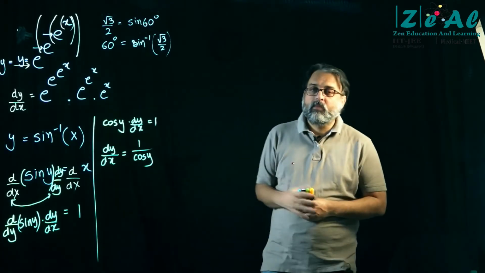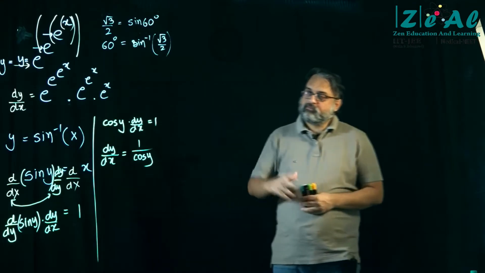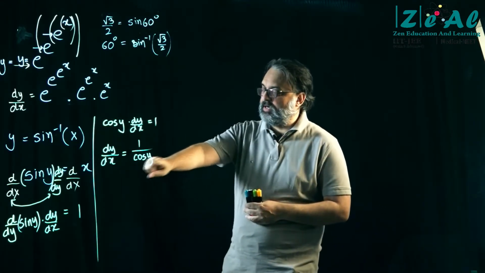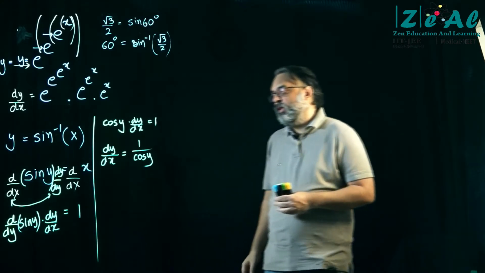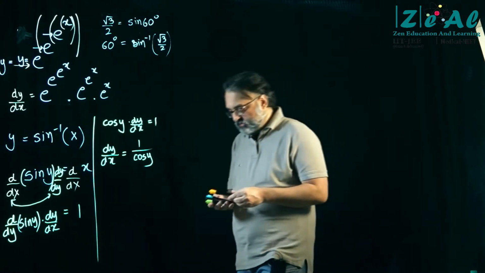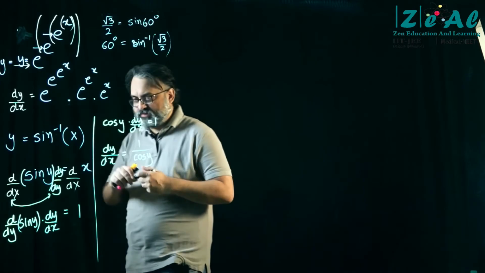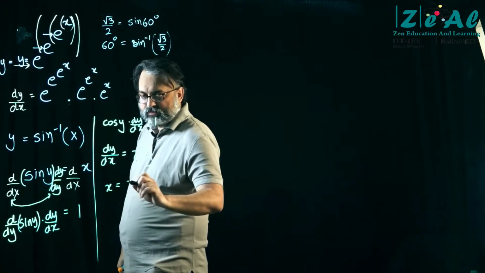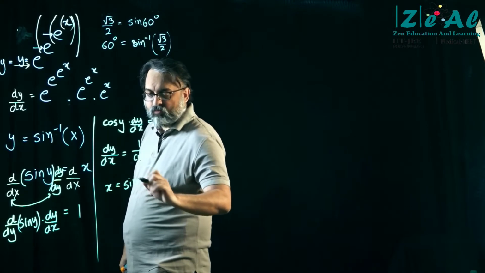But I want this in terms of x. I don't want a y here. And where do I get this from? Well, this is actually very easy, because x is equal to sine y.